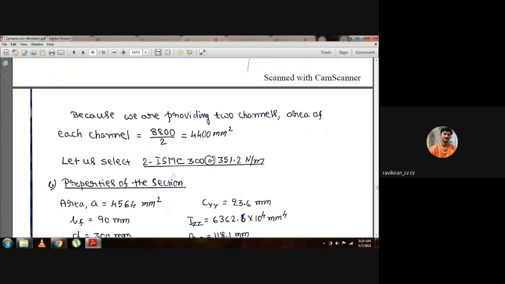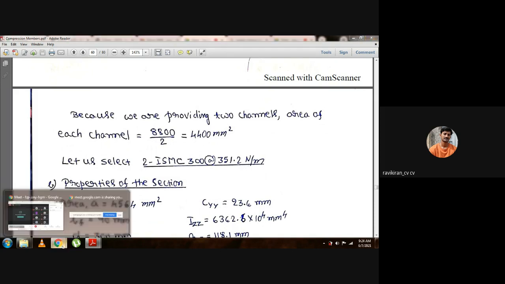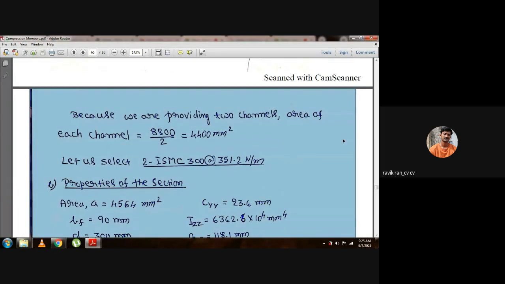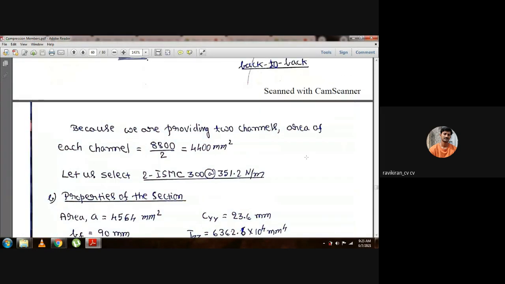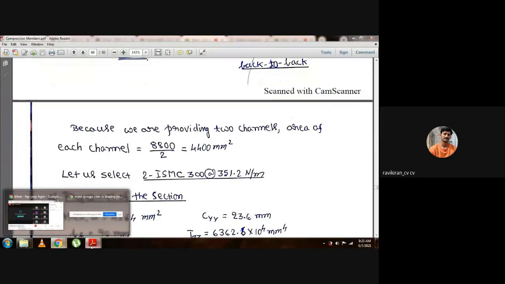So now open steel table and go with the 2 ISMC 300 at 351.2 Newton per meter. Open steel table, all of you, and tell me what are the values for the sectional properties for ISMC 300 back to back. It should be placed back to back. I'll show you for your reference once.